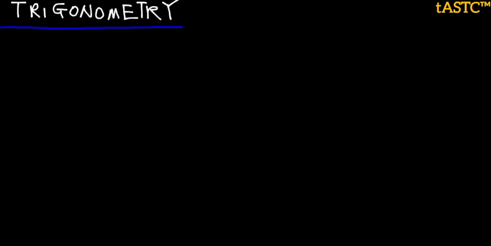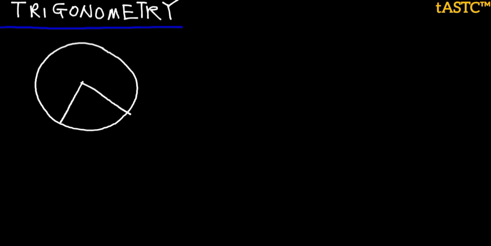How can you change from a radian to a degree and vice versa? How can you do it? Now let us say that you have a circle. Hopefully my circle is going to be perfect. And let's say this is the middle part of the circle. So I'm going to have the radius here and this. Now obviously we have this part as the arc, and this arc actually has a length.